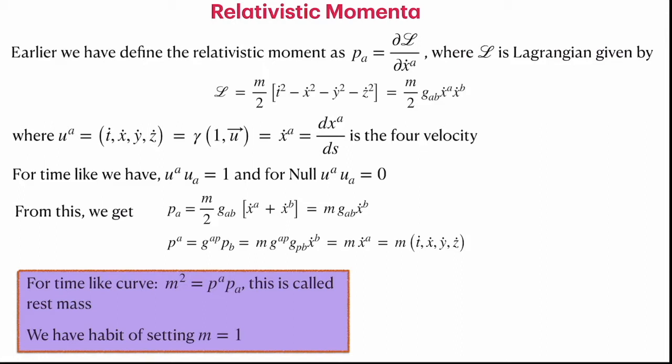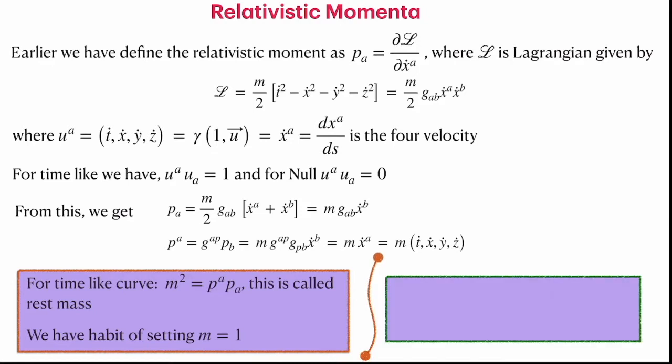If it usually comes as a scaling factor, then we can ignore it. And then for light or null curves, we have p·p equal to 0. And there is no concept of a rest mass for light. Light is a zero mass particle. A more proper way of saying it is null tangent vector, or p^A for momenta is a null vector.